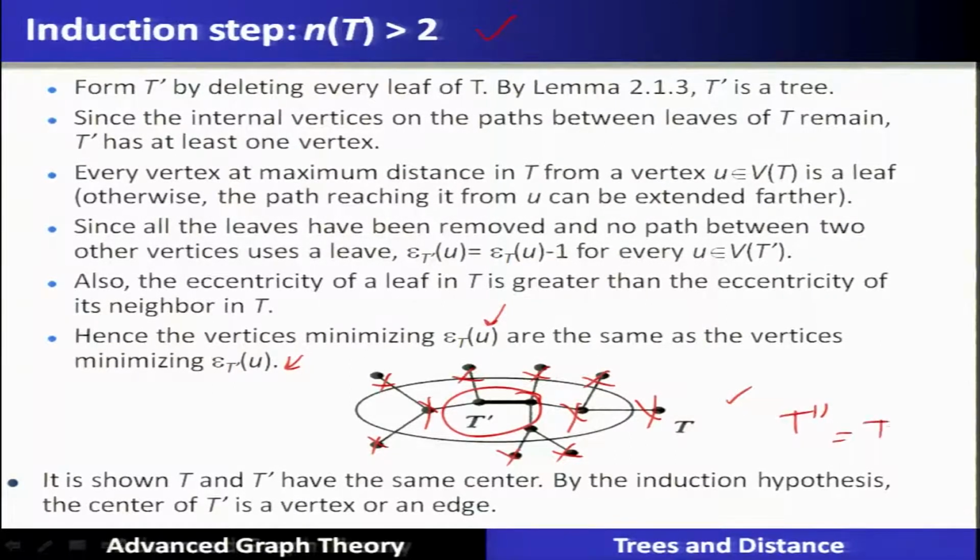So, T double prime will also be a tree, and so we keep on doing this iteratively till we form a T prime that will remain either a vertex or an edge. Hence, this particular theorem is proved.